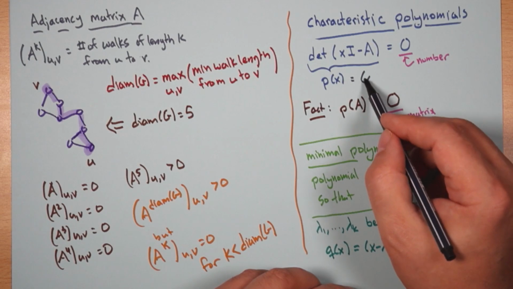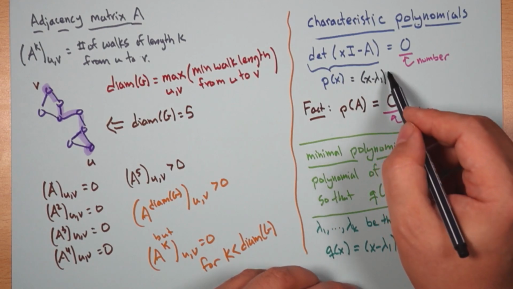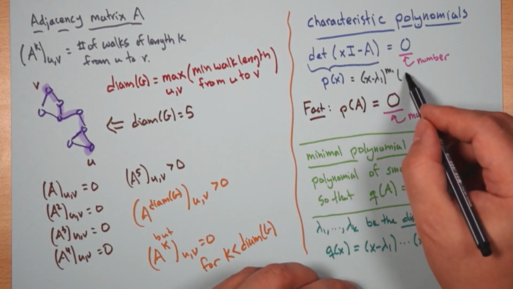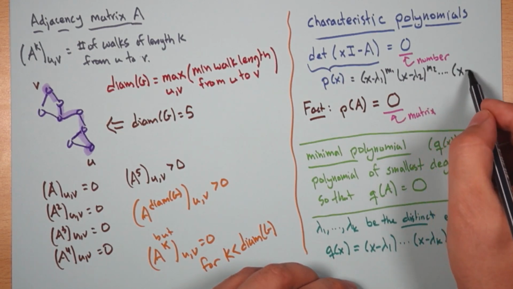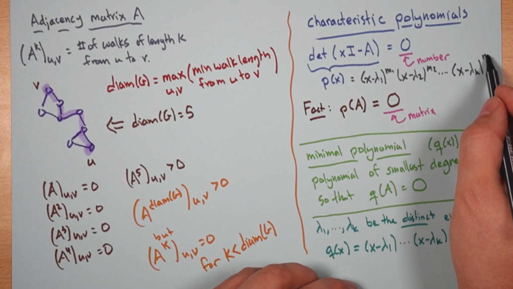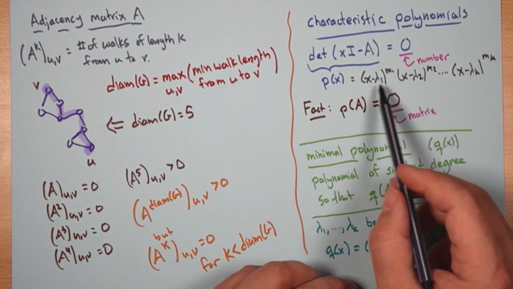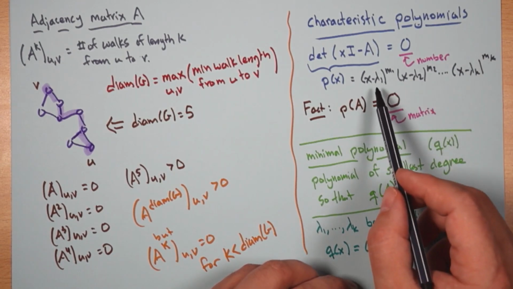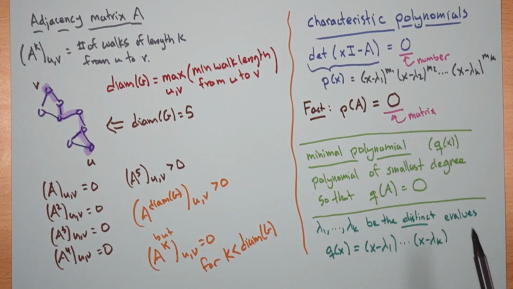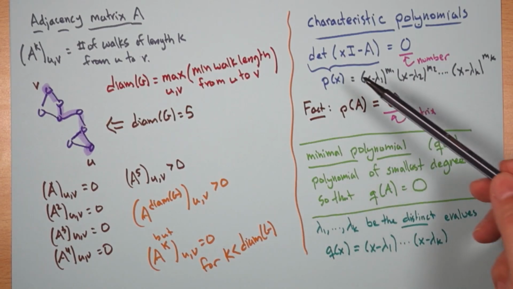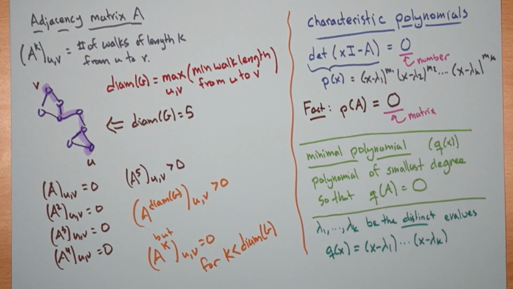It looks like x minus lambda 1 to the m sub 1, x minus lambda 2 to the m sub 2, all the way down to x minus lambda k to the m sub k, where the lambda i's are the distinct eigenvalues and the m's are their multiplicities. So the difference between the characteristic versus the minimal when we're dealing with something that's real symmetric is you just drop the multiplicities. All right, good.